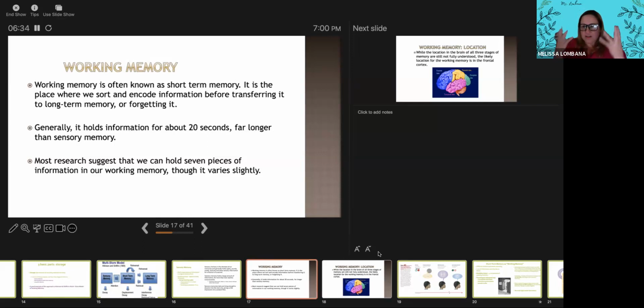So it lasts 30 seconds, and this is where you are actively and consciously trying to process the information. Okay, like you're legit trying to take in this information. And this is one of the reasons why when you're listening to videos or taking notes in class, I say, okay, write that down, because believe it or not, when you're writing it down, you're working with your working memory, right?